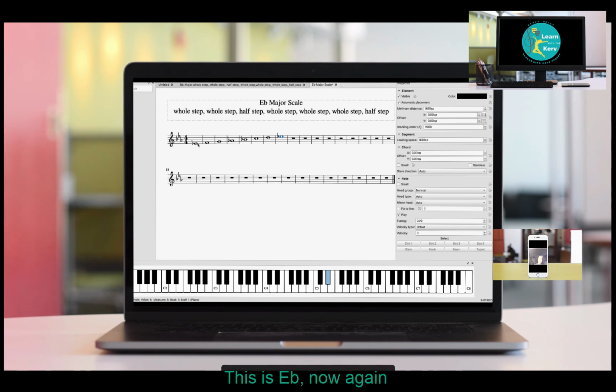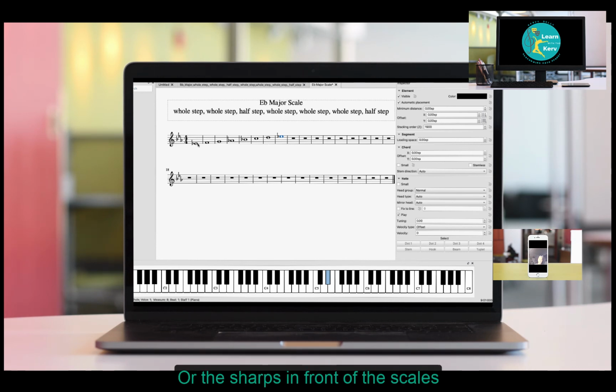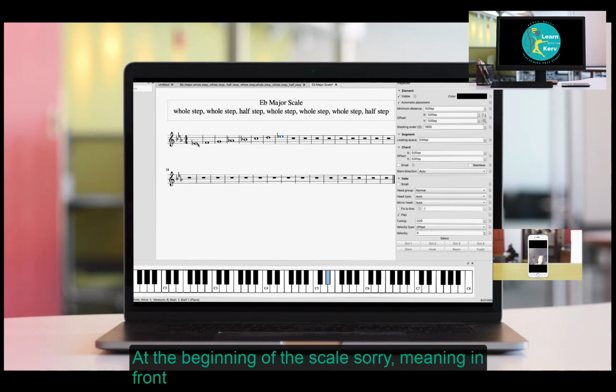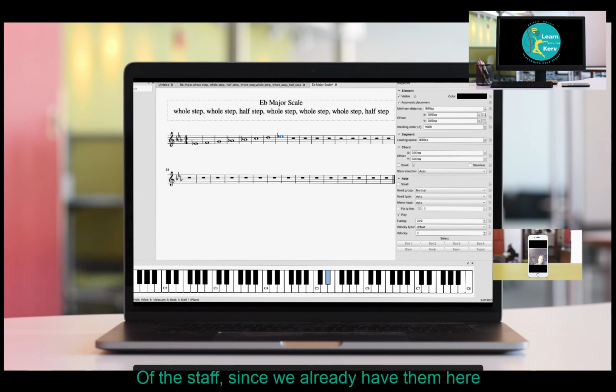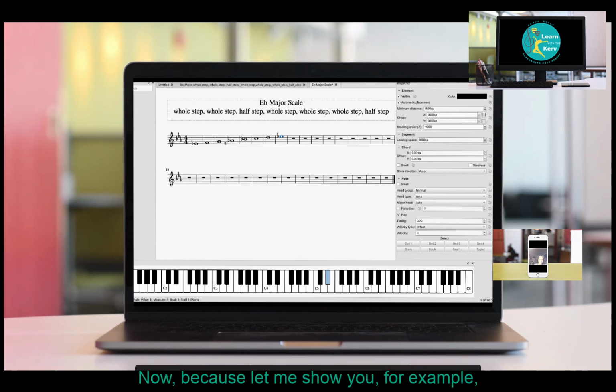Now again, when you're writing a scale, you have to place the flats or the sharps at the beginning of the scale, meaning in front of the staff. Since we already have them here, there's no need to keep them in front of the notes now, because let me show you.